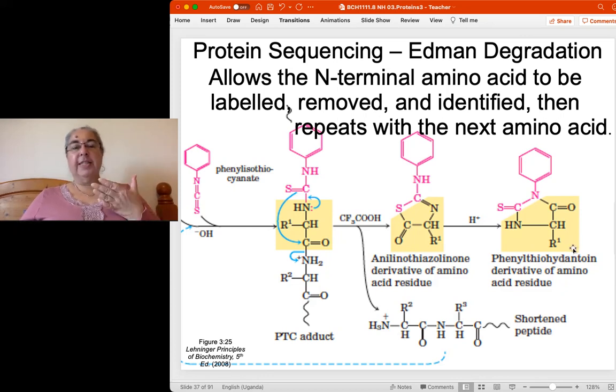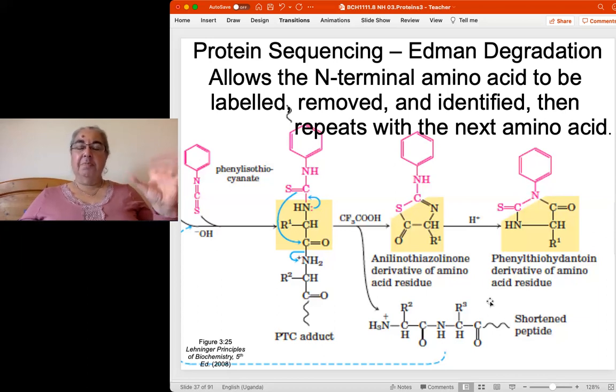And because this is a series of chemical reactions, if it's repeated too many times, the results become less clear and become fuzzy, and it stops being always the 10th amino acid. Sometimes it's the 9th and sometimes it's the 11th, and the results become unclear.